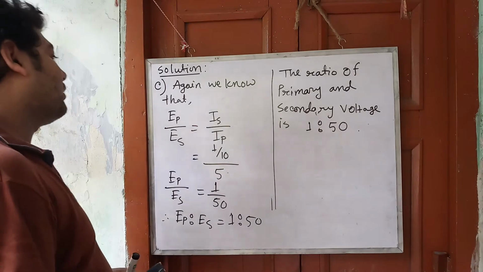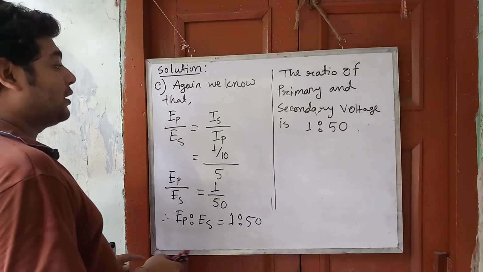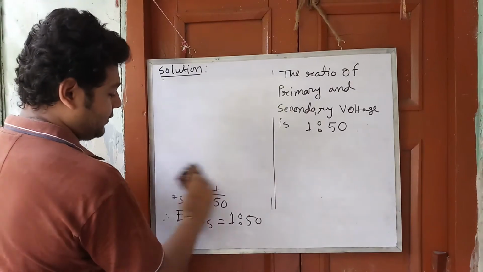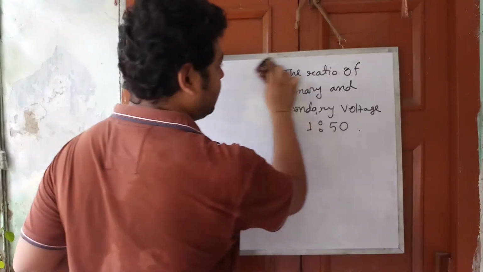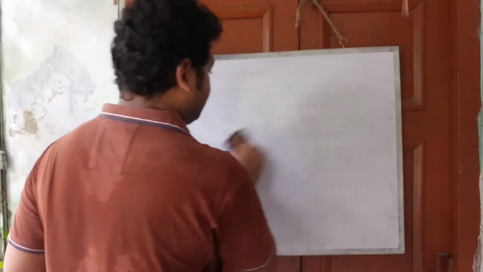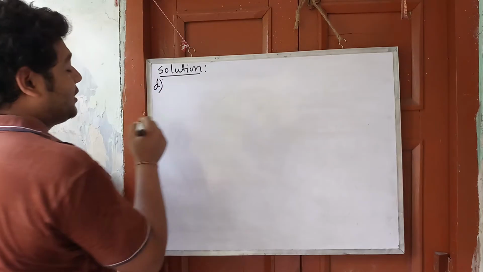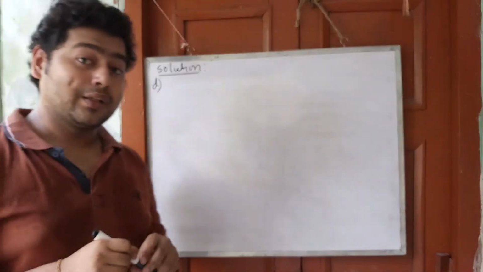Now we will calculate our question number D. In question number D, we have two parts.